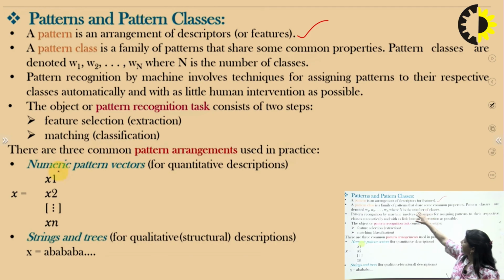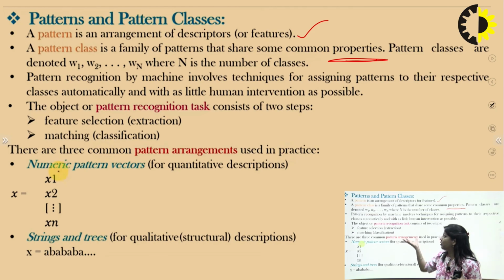When we have some common property of pattern, some common property of feature, then we build one class. So we arrange all the features into one class. This is called a pattern class. We arrange similar feature types of objects into one pattern. We consider these are similar patterns, like we have similar images of dogs. So we say that these are dog images, these are the cat images, with similar kinds of properties.